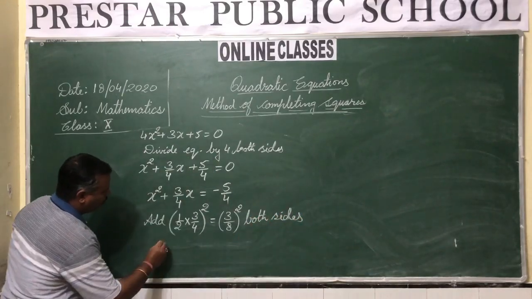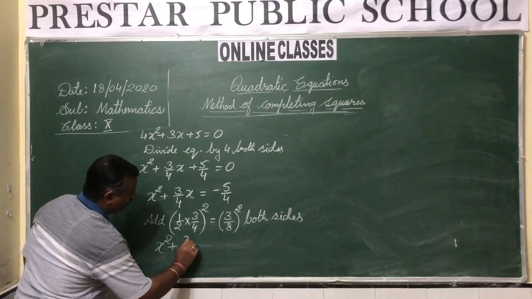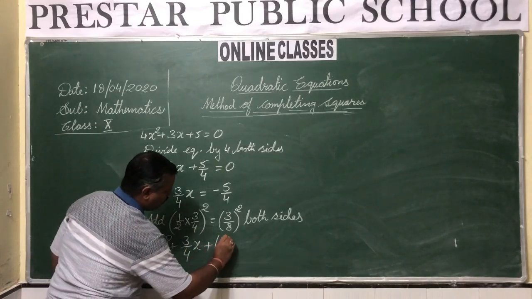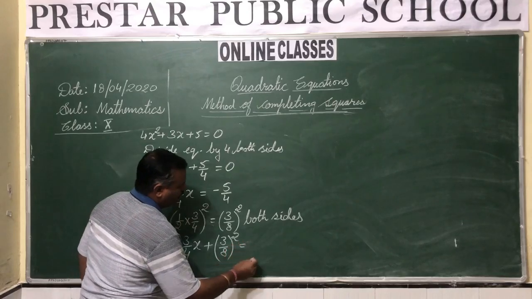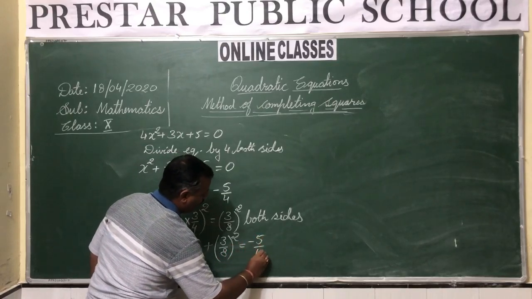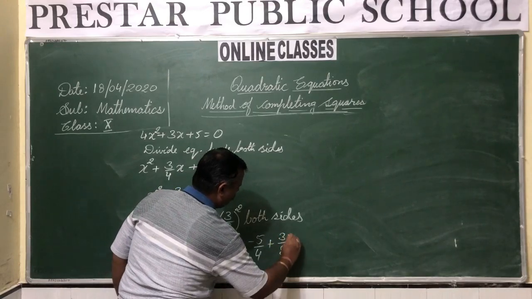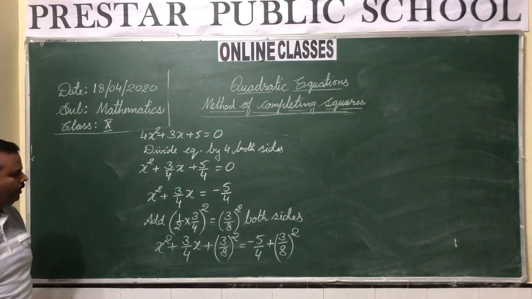So if we add this to both the sides, we get x squared plus 3 upon 4x plus 3 upon 8 whole squared equals minus 5 upon 4 plus 3 upon 8 whole squared. So this is what we have.